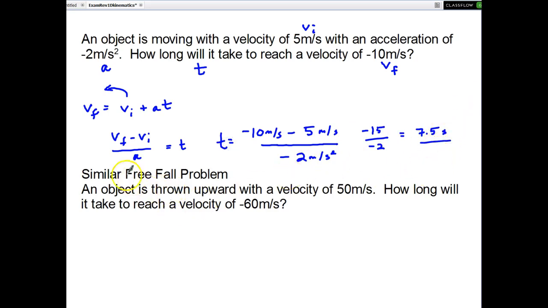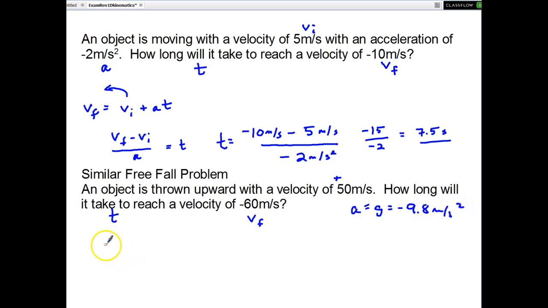Time is positive. A similar free fall problem: an object is thrown upward with a velocity, this is positive because it's moving upward, 50 meters per second. How long will it take to reach a velocity of negative 60? And remember, acceleration g is negative 9.8 meters per second squared.